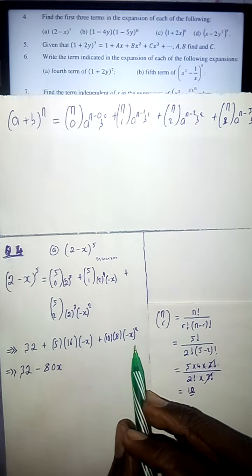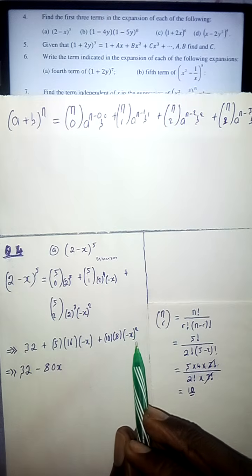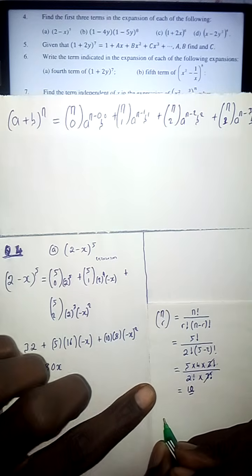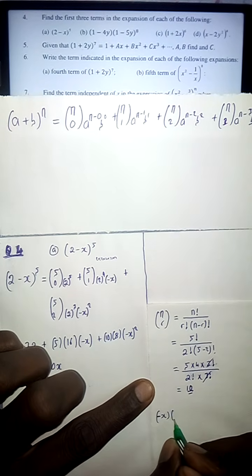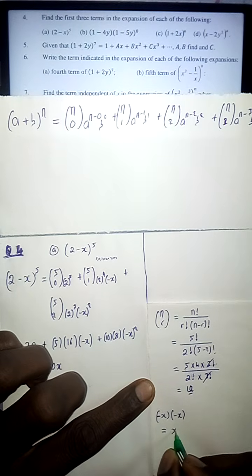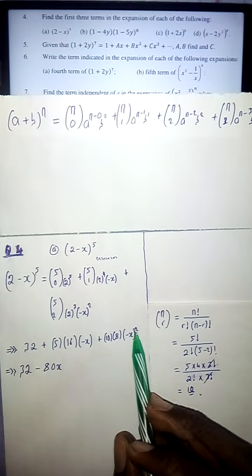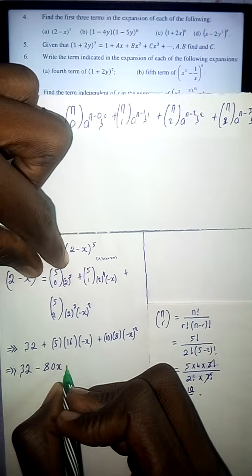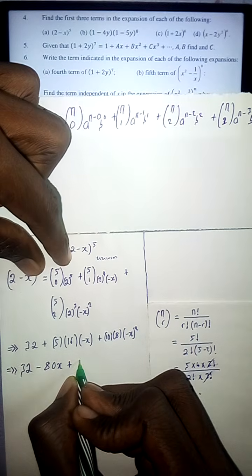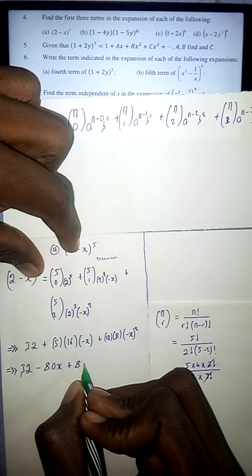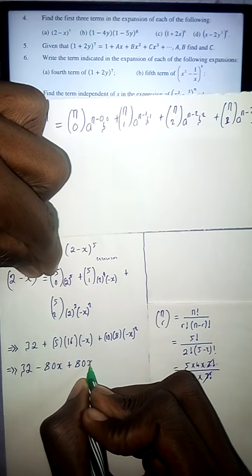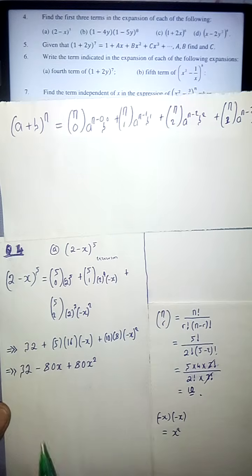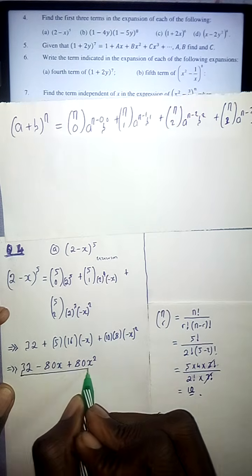Well, here when you multiply, as you can see, this part simply means negative x multiplied by negative x, which will give you x squared. So this part will be positive, right? So therefore multiplying will give you positive 80x squared. So this is it, guys, for the first part.